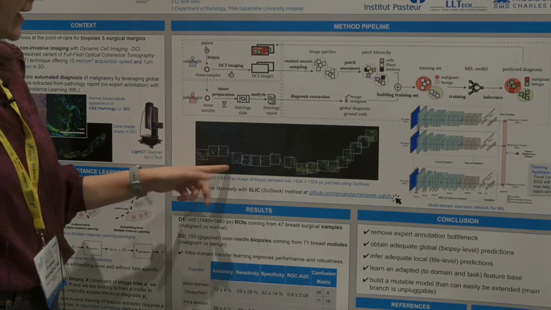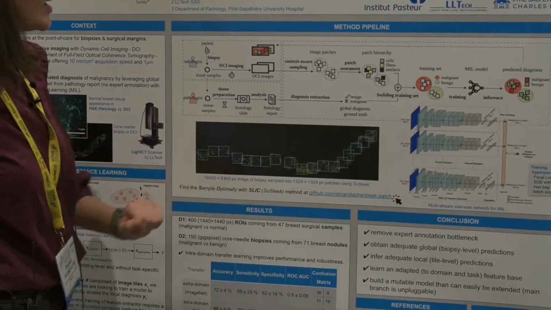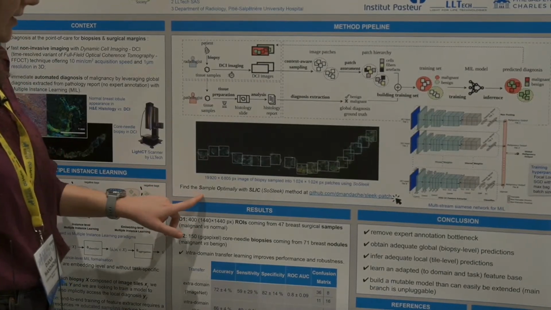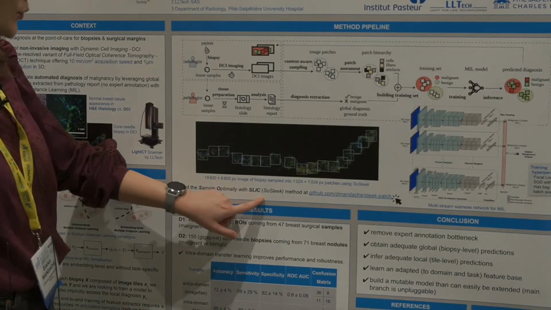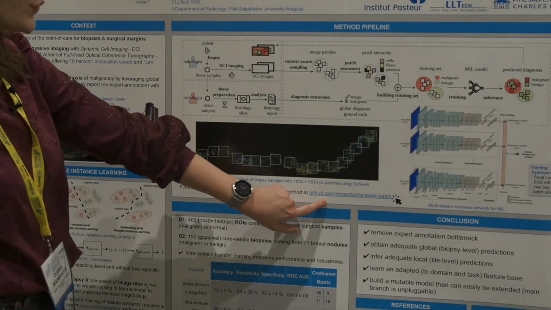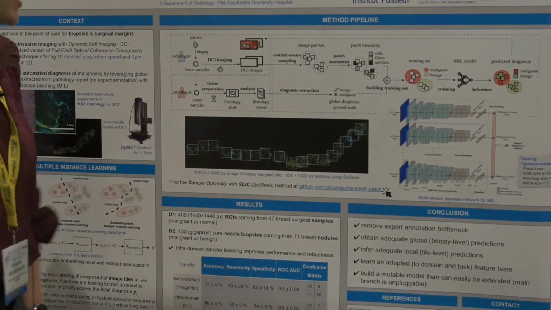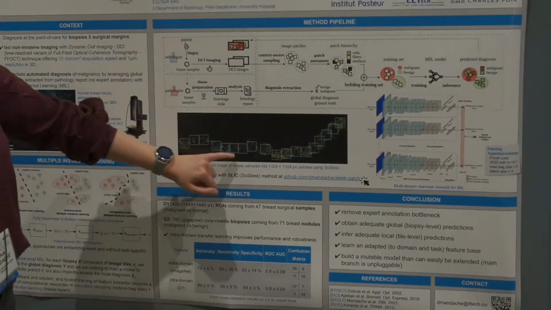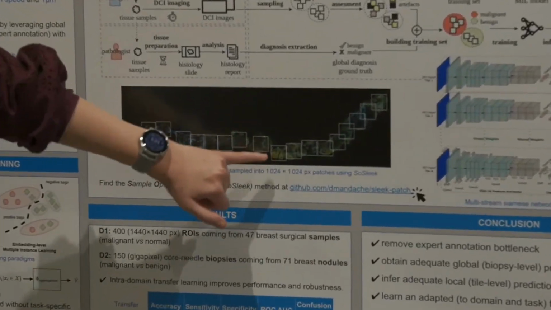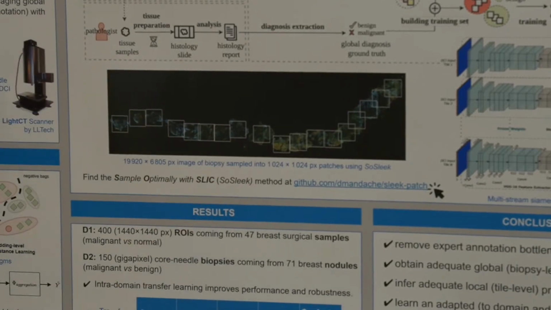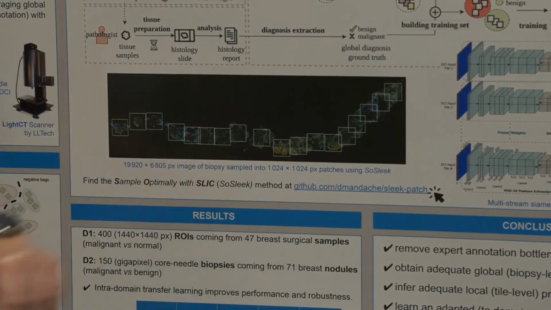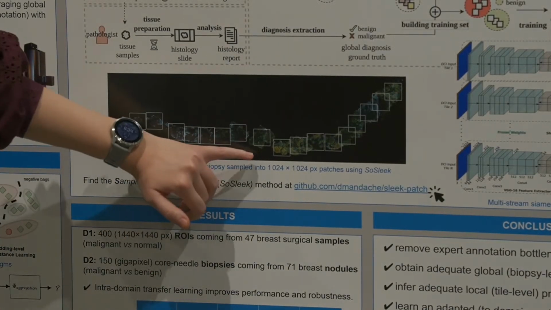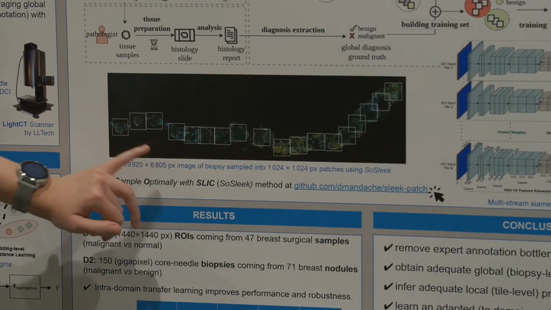So we have to split them further into patches, and for this I have developed an algorithm based on the SLIC superpixel algorithm that I invite you to check out on GitHub, and which mimics the way a human looks at an image, and it splits it into smaller images.